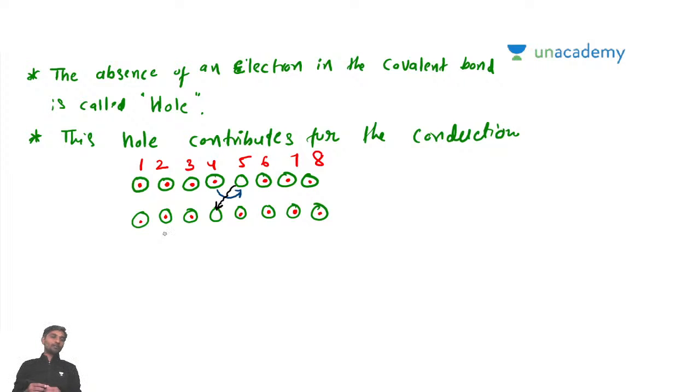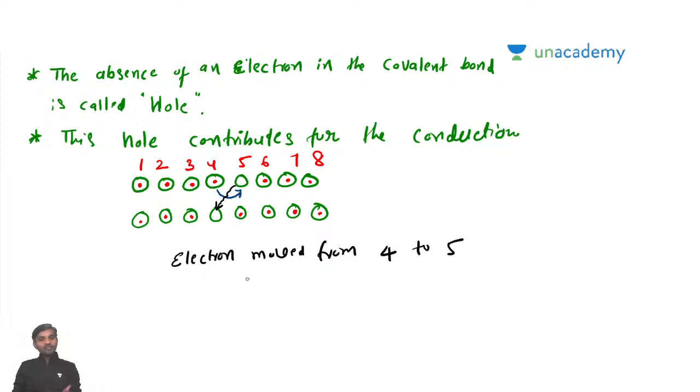Actually, what is shifting? Frankly speaking, the electron is moving in this direction. The electron moved from 4 to 5.